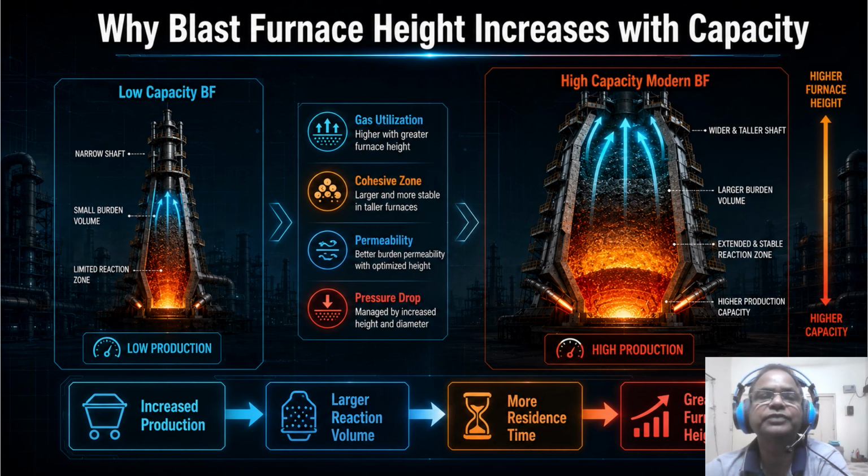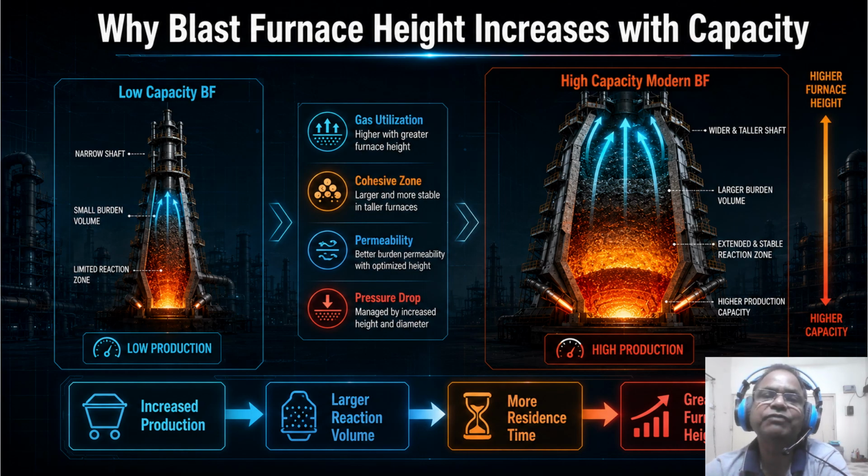But modern blast furnaces operate at extremely high production rates. When production increases, three things increase simultaneously, and we must remember these three factors very well. First, the burden volume increases, second, the gas generation increases, and the reaction zone becomes larger and deeper.